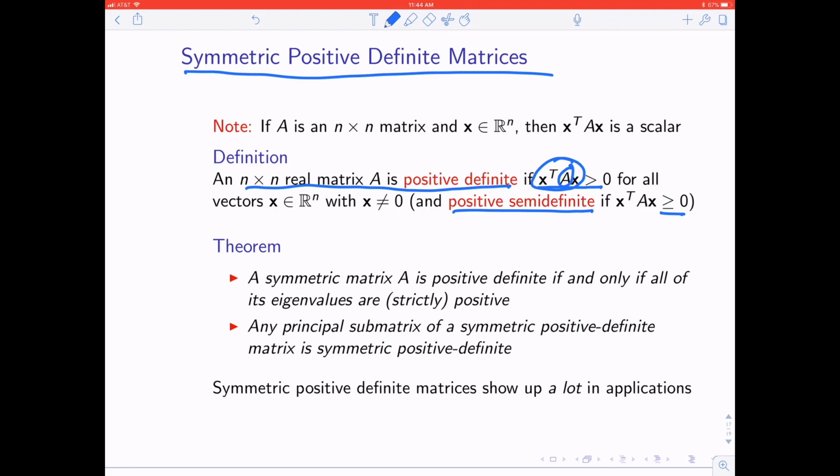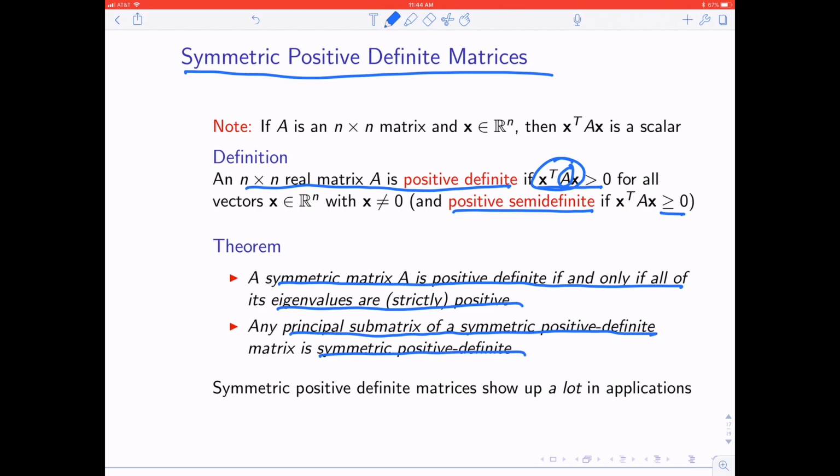And I hope you're thinking, wow, it's really a pain to test every vector, and that's true. And so there's a theorem that says that the symmetric matrix A is positive definite if and only if all of the eigenvalues are strictly positive. There's a related corollary that says any principal submatrix of a symmetric positive definite matrix is also symmetric positive definite.